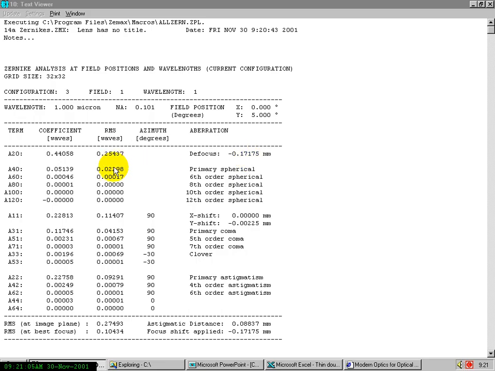And when we are there, we are sitting again with about 23 milliwaves of spherical, and also about 41 milliwaves of coma, slightly higher order coma, and about 93 milliwaves of astigmatism. And it also tells us that in order to go to maximum focus, we have to shift in the lateral direction over about 2.2 micron.